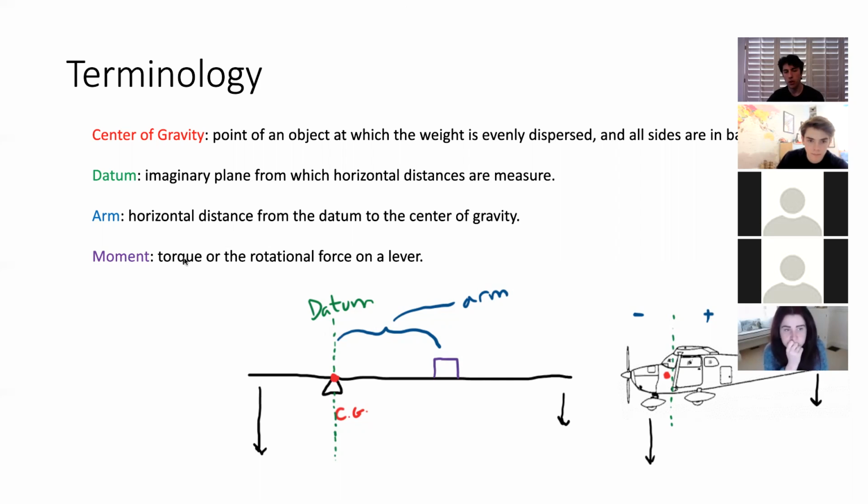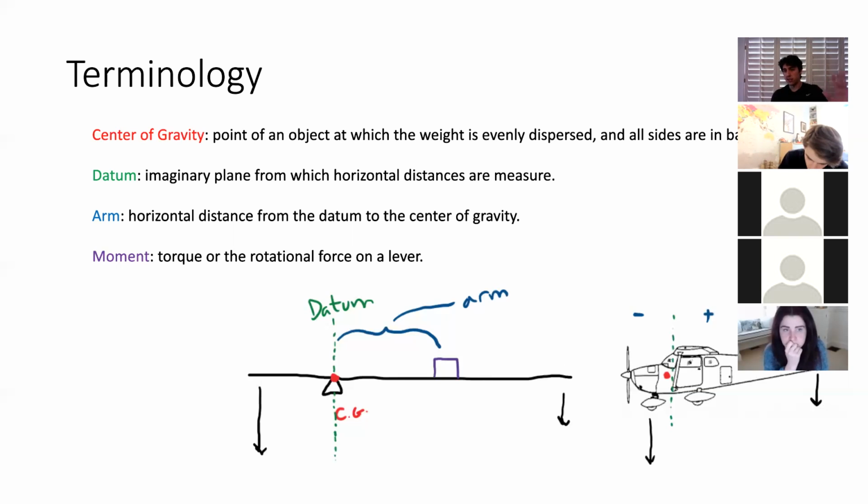The next term is moment. Moment is torque, or the rotational force on the lever. You can think of torque as basically, the farther away you have an object from a fulcrum, the more mechanical advantage you're going to have. Think of opening a door: it's much easier to push on the outside of the door, far away from the hinge, than right next to the hinge.